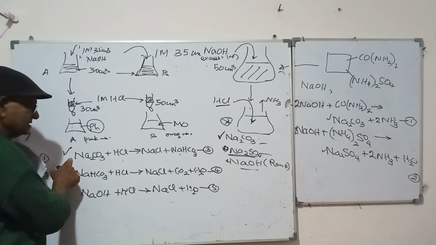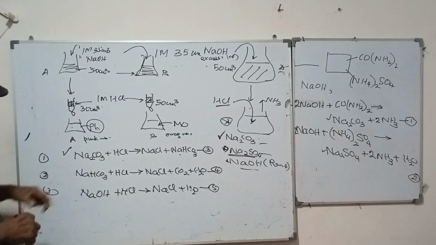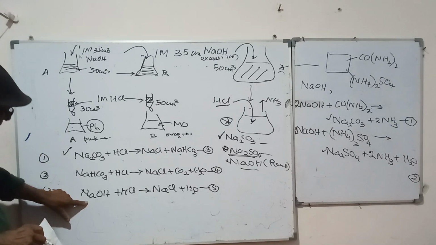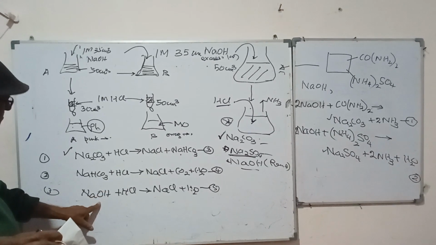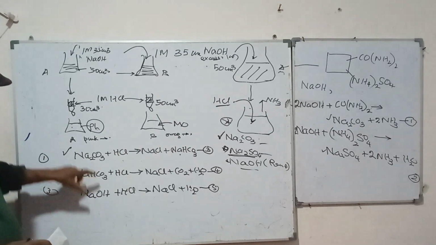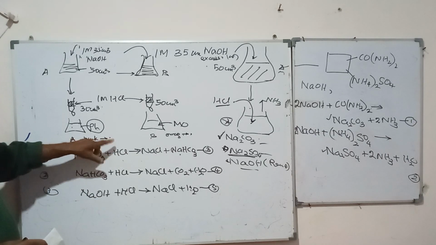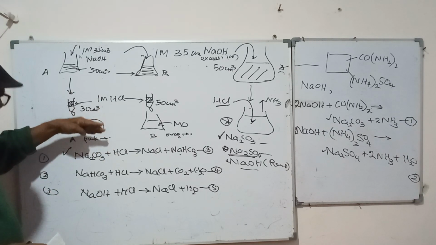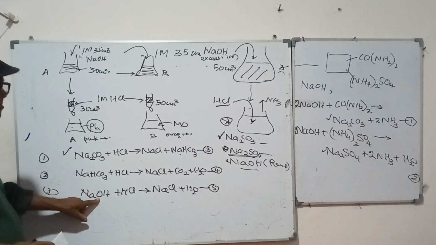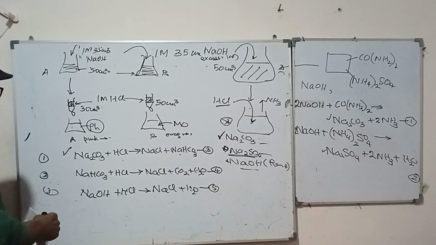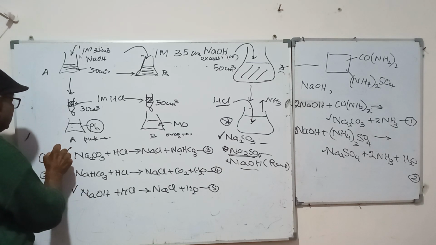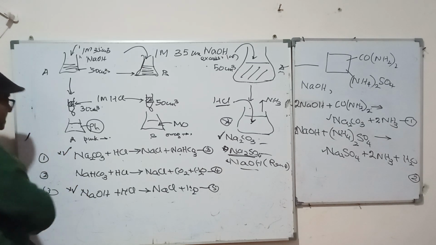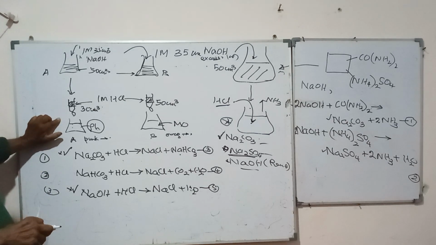When we add strong acid to the strong base NaOH, that also occurs. When sodium carbonate reacts with HCl, in parallel NaOH also reacts with HCl. So these two reactions only occur in the first titration.